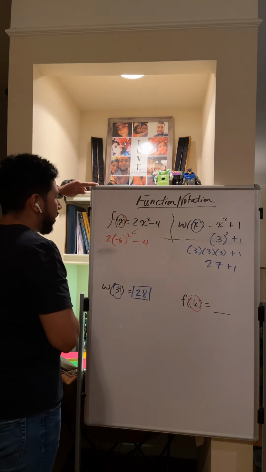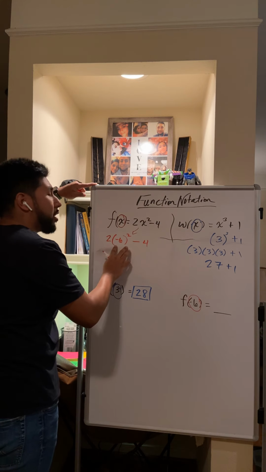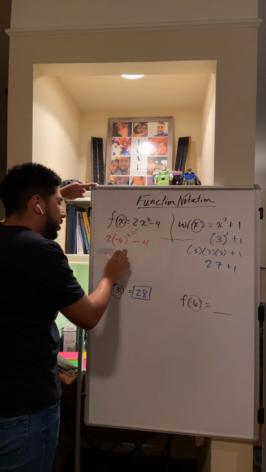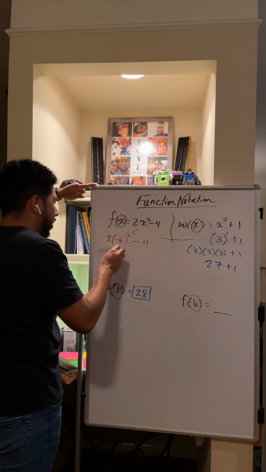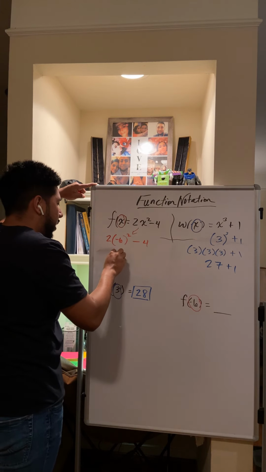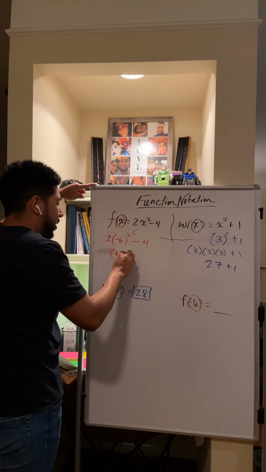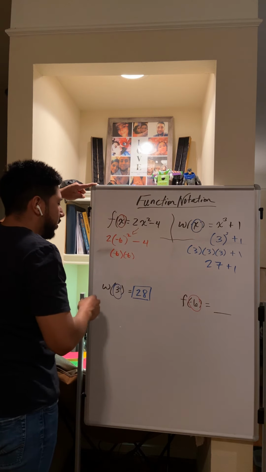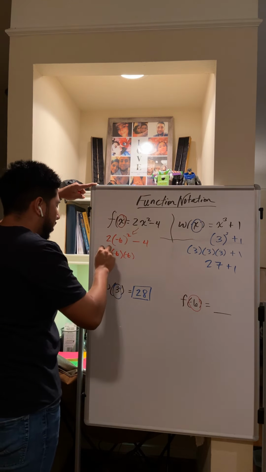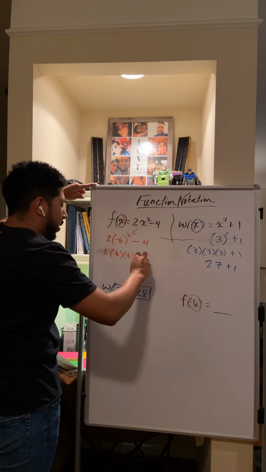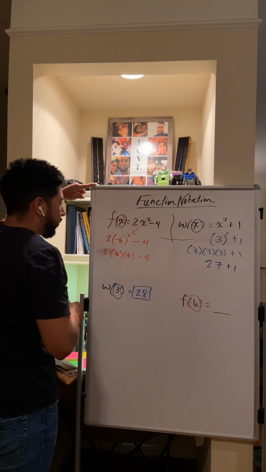All right, right here, we're focusing on the parentheses first. Got it? Good. So we want to do -6 times -6. Bring the 2 down, bring the -4 down.